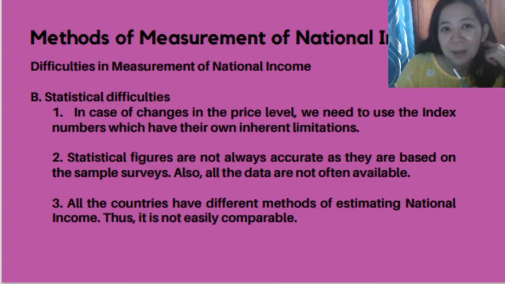Number two, statistical figures are not always accurate as they are based on surveys. Also, all the data are not often available. A sample means a part of the population.